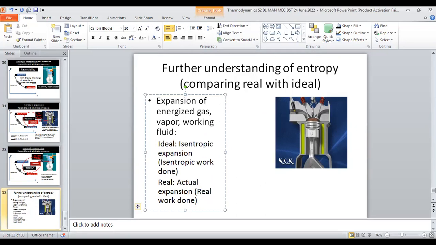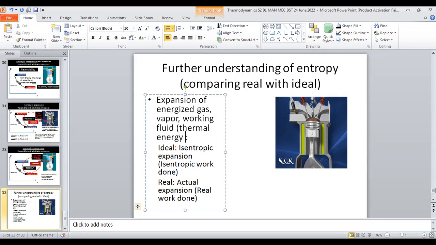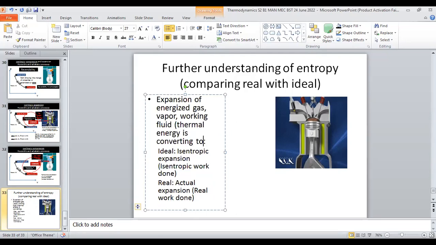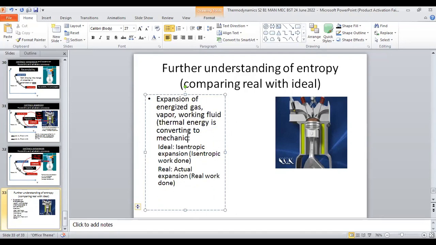So in this expansion, the thermal energy converts to work done, or mechanical work done.